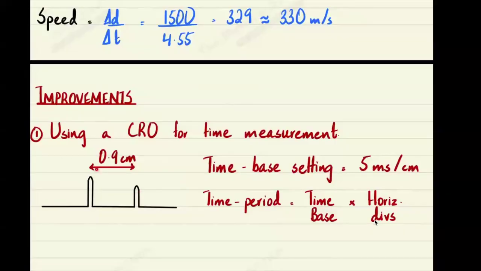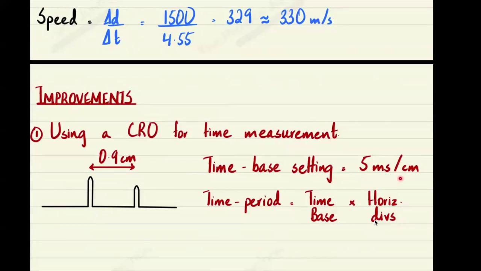Well, this distance is not the actual distance between the students, if you may think that it's that. Whenever you use a CRO, you have a certain setting on it, which is called the time base. The time base setting is usually given in some units of seconds per division or per centimeter.